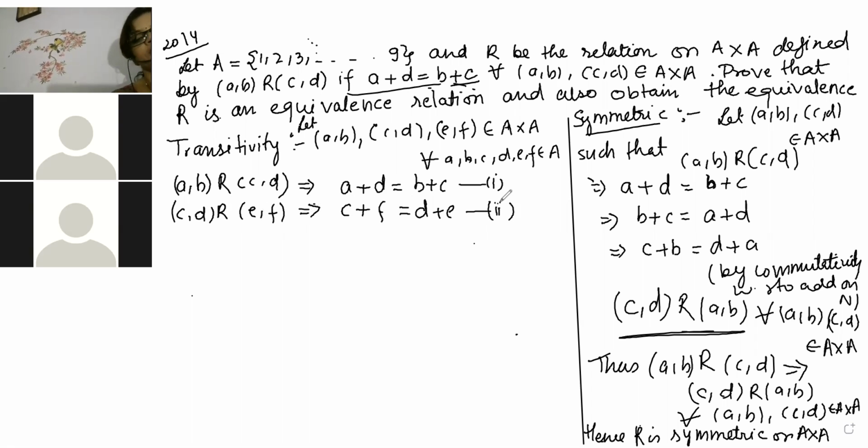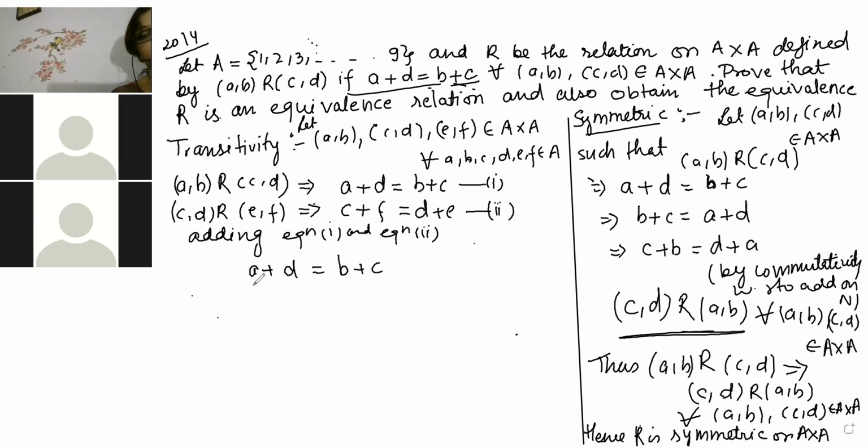Okay, now add equation 1 and 2. So when you add equation 1 and 2, what will you get? a plus d plus c plus f is equal to b plus c plus d plus e.